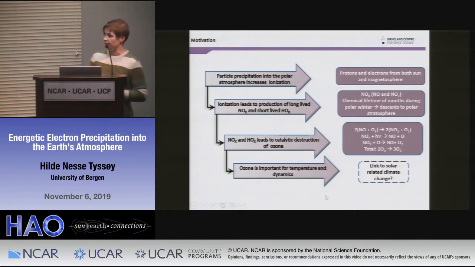And it's speculated, which is indicated by the dashed box here, that the winds in the upper stratosphere might have links all the way to our weather system.